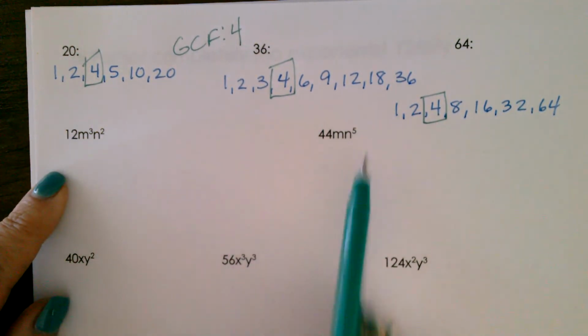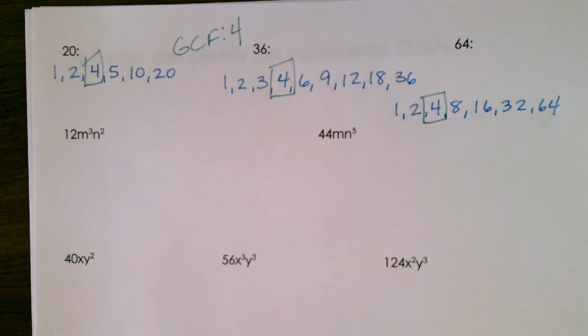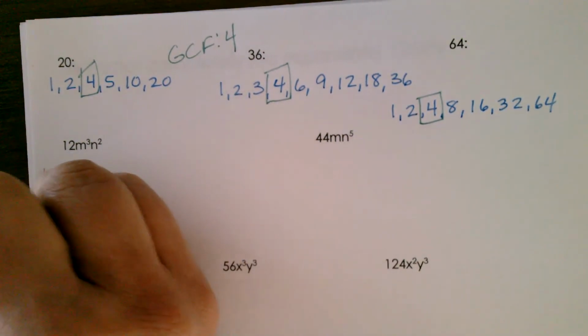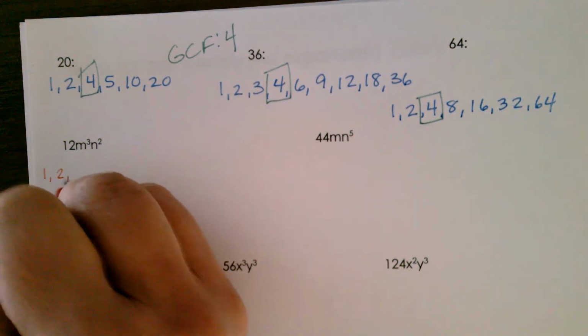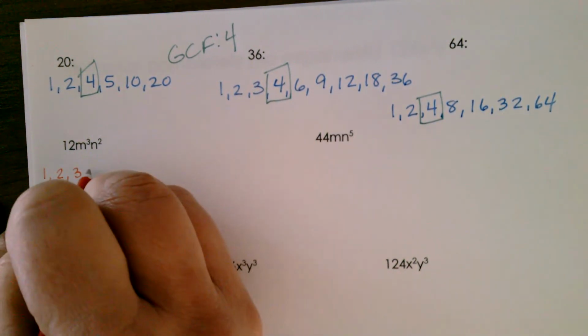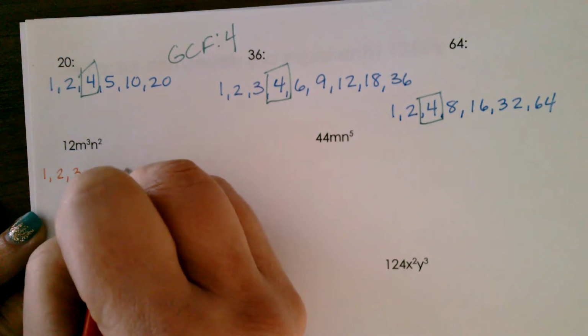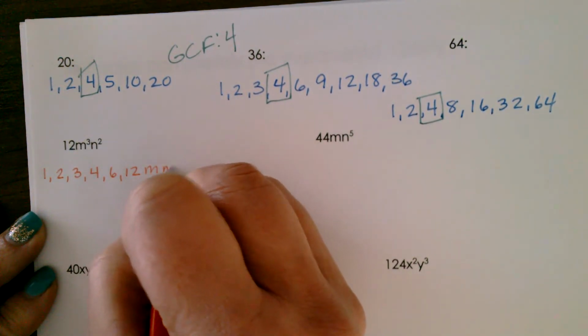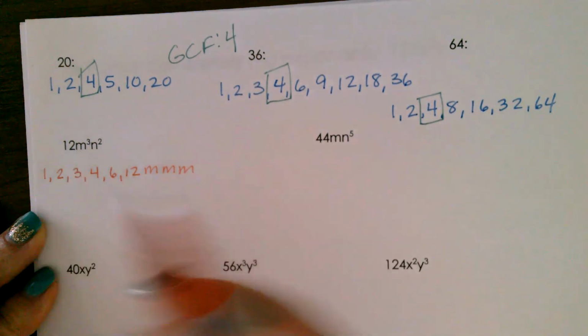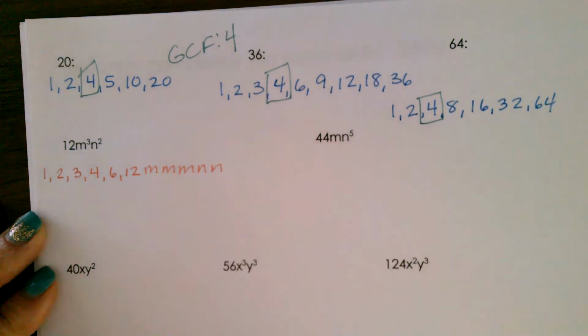Now I've added some variables, but that doesn't make it any more challenging. I will still do the same thing. I will list, we've done the digit 12 before, 1 times 12, 2 times 6, 3 times 4. And now with the variables, I will have M and N. I had 3 M's and 2 N's.